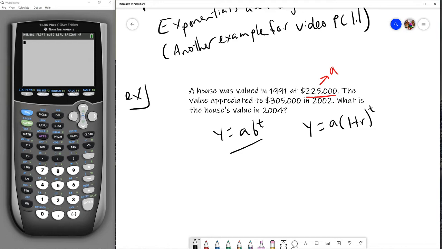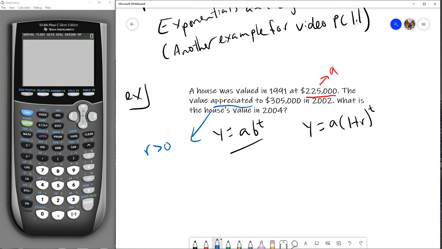Now what I want to do is look at the next line. So we have this term here, meaning appreciated. This tells us that r is going to be positive, and it just tells us that the value is actually increasing.